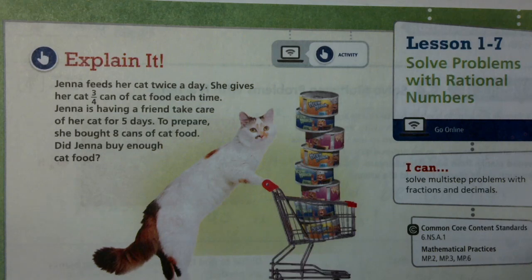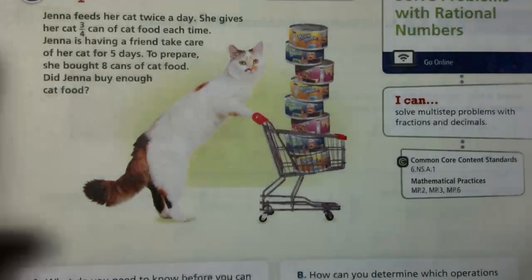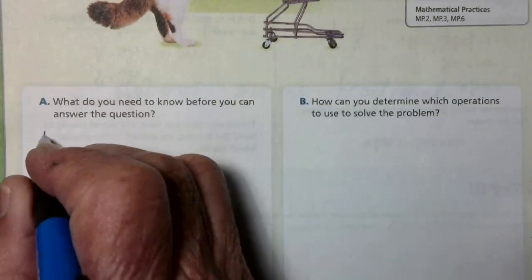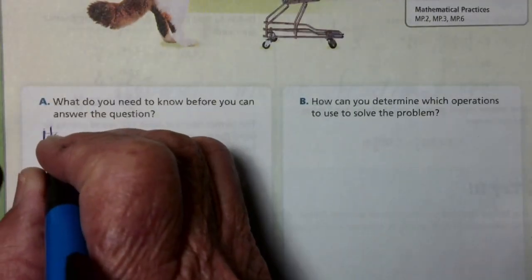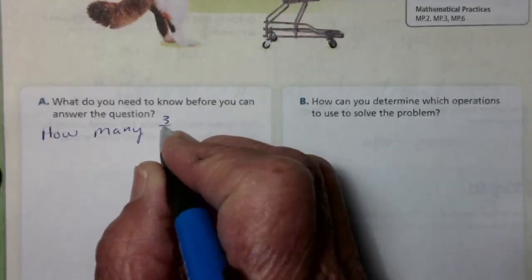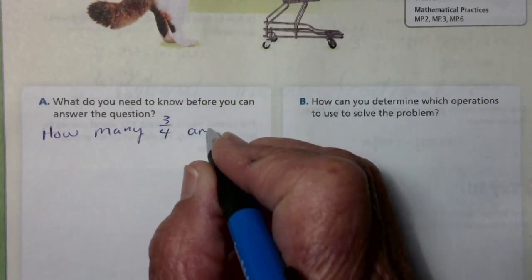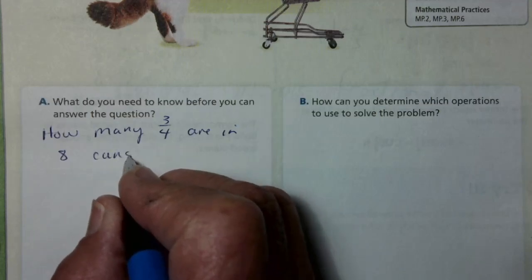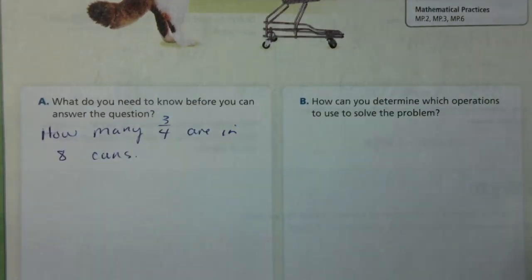So this first question down here says, what do you need to know before you can answer the question? Okay? So, in my mind, I'm thinking, how many 3/4 are in 8 cans? 8 whole cans.